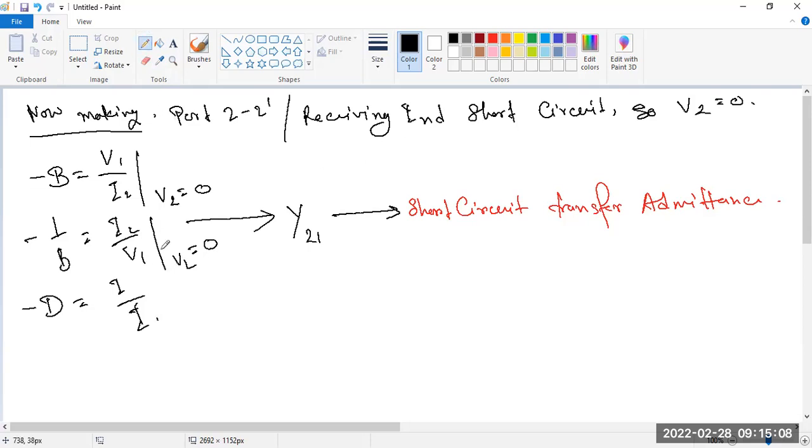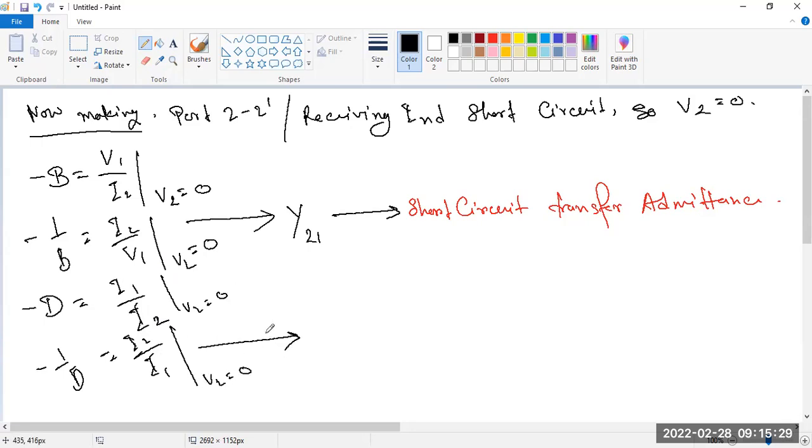Look, this is I1 by I2, input by output. Then we have to change 1 by D, so that is output by input, when V2 equal to 0.